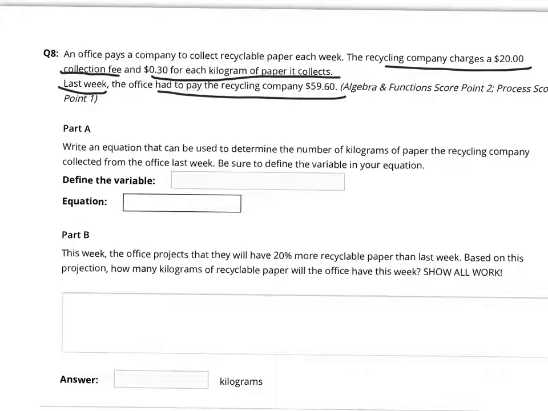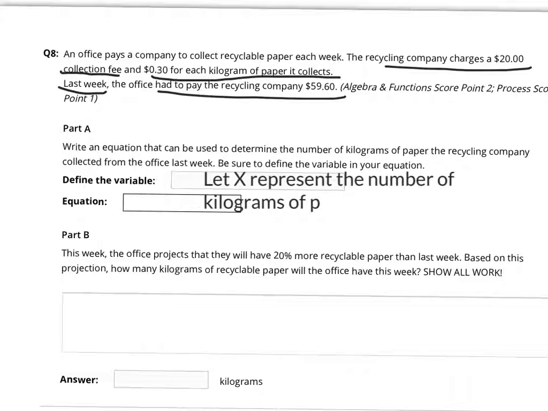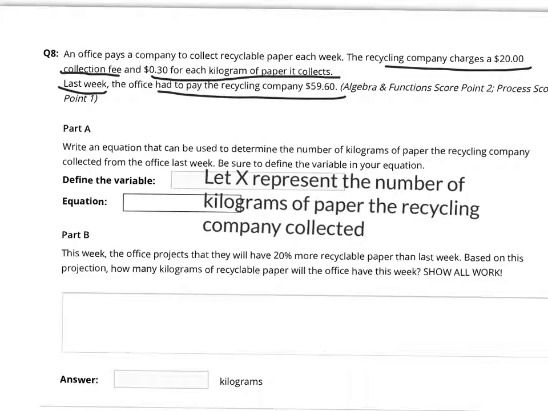So we could say, let X represent the number of kilograms of paper the recycling company collected. The more specific we can be about defining our variable, the better off that's going to be. So that would be defining our variable.